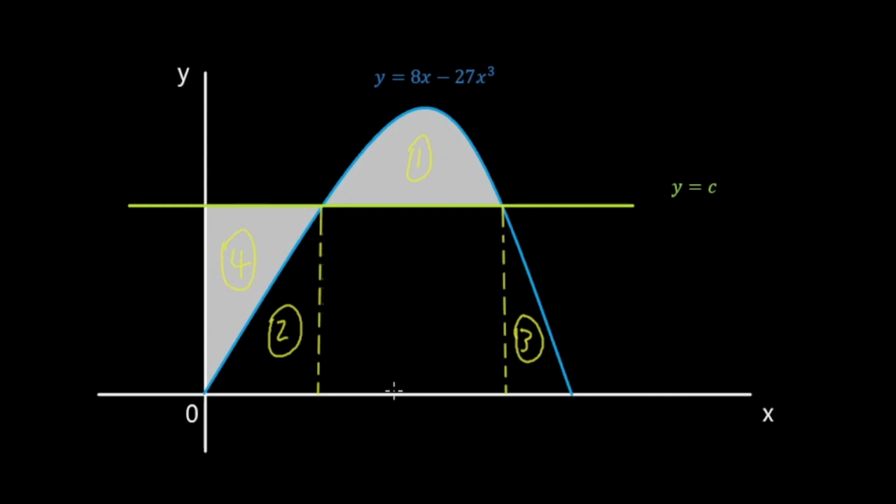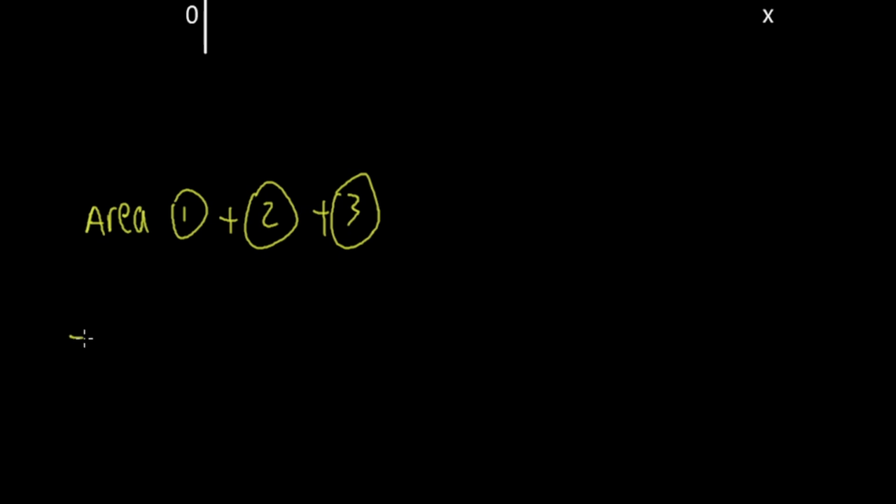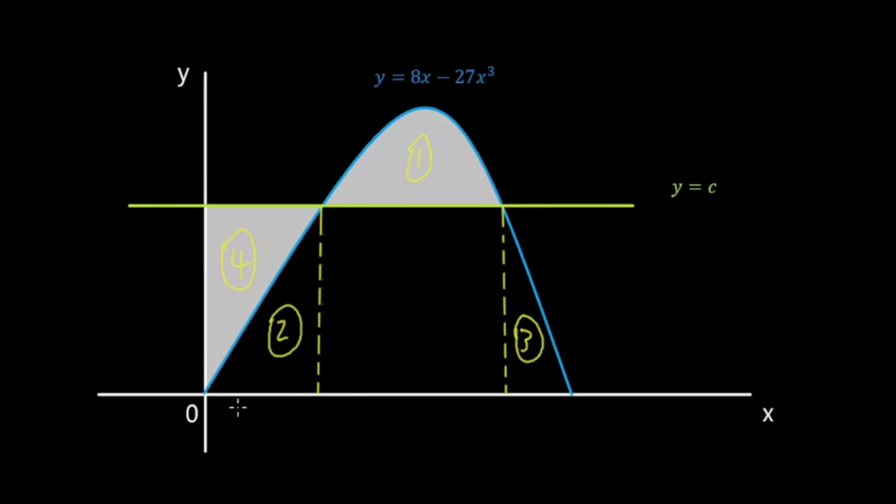So what we have to do is find the value of c. So the area 1 is equal to area 4 here. Okay, so let's come up with an integral that can find the area of 1 plus 2 plus 3. Area of 1 plus 2 plus 3 is equal to the integral from 0 to this x-intercept here under the cubic function.